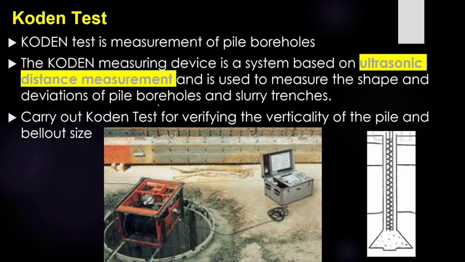So by performing the Koden test, we verify the verticality of the pile and the bailout size. Bailout size means, if you are boring for a pier foundation system, you can have a bailout at the bottom so that you can have a good, strong bearing stratum.